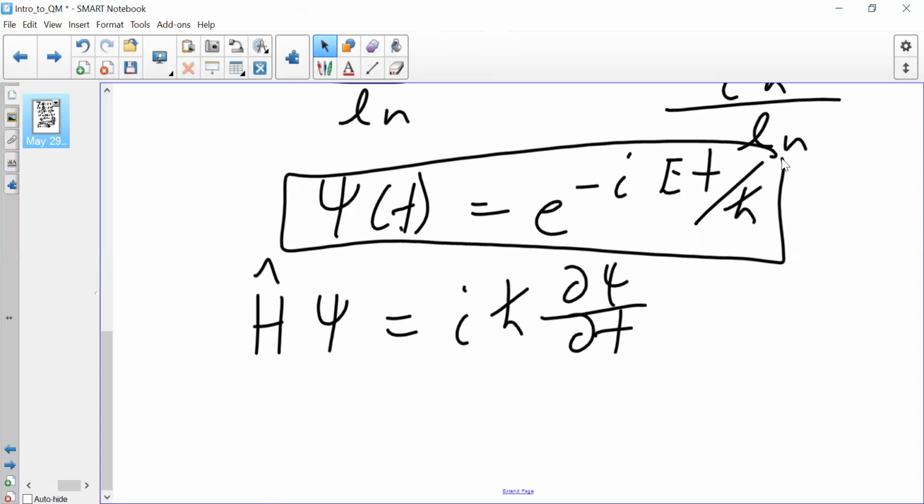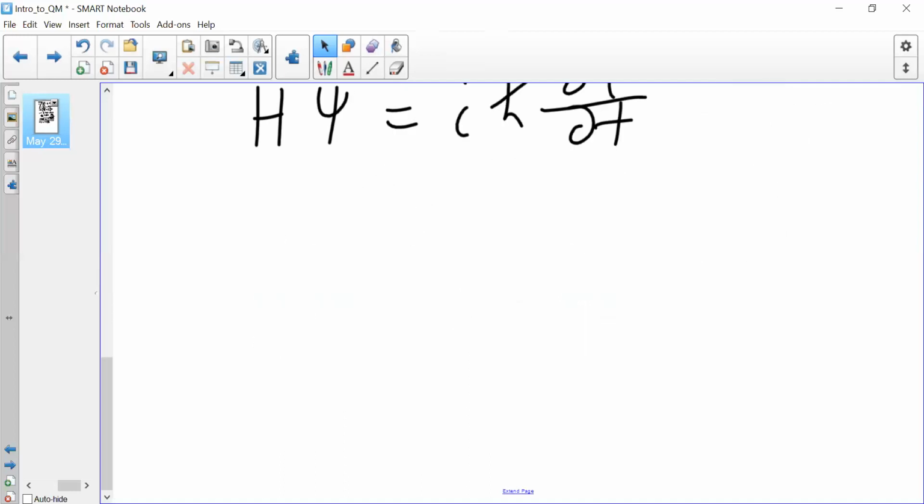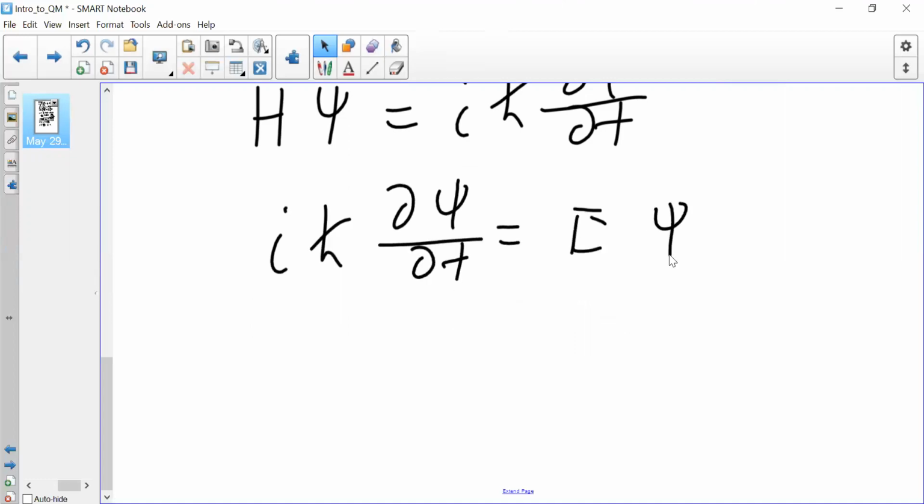All right, so now what we're going to do is I'm going to take that result and show that iħ ∂ψ/∂t equals Eψ.